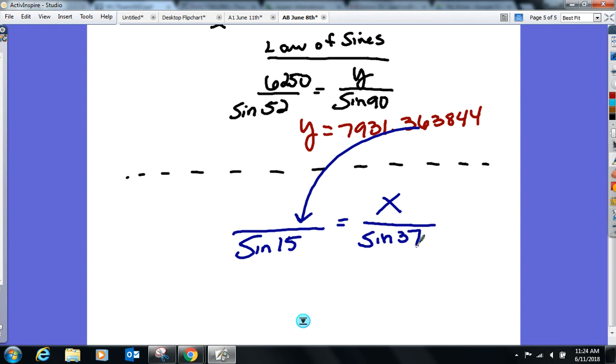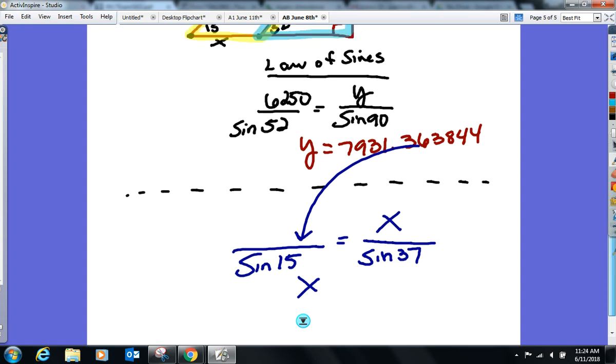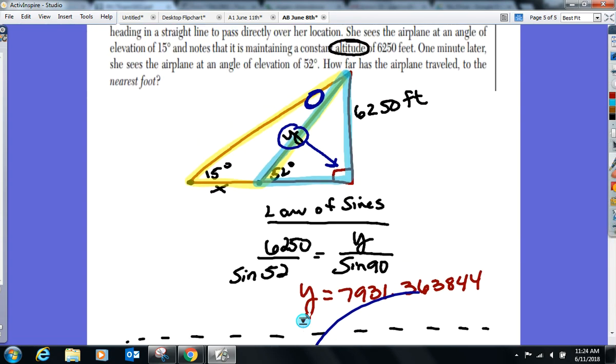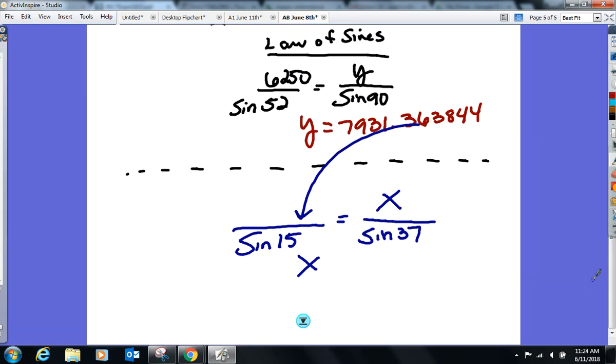And then I'm going to cross multiply, and then I'm going to divide by the sine of 15. And what's my rounding direction here? Nearest foot. 18,442 feet. Okay.